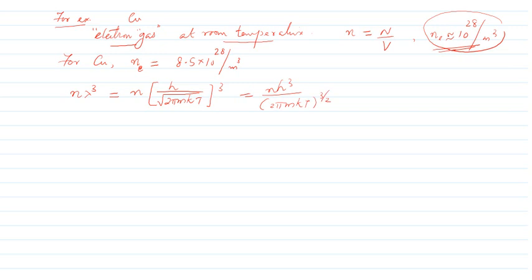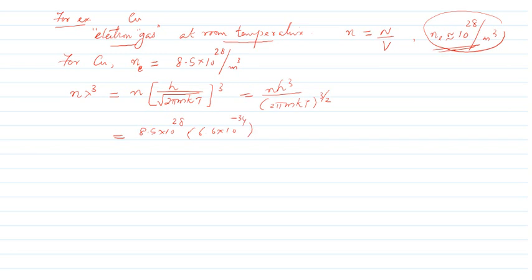Now let's make substitutions here of the relevant data. n എന്നുള്ളത് നമ്പർ ഡെൻസിറ്റി ഓഫ് ഫ്രീ ഇലക്ട്രോൺസ് ആണ്. 8.5 into 10 to the power 28 എന്ന് കൊടുത്തു. h എന്ന് പറയുന്നത് Planck's constant ആണ്, whose value is 6.6 into 10 to the power minus 34 ജൂൾ സെക്കൻഡ്.